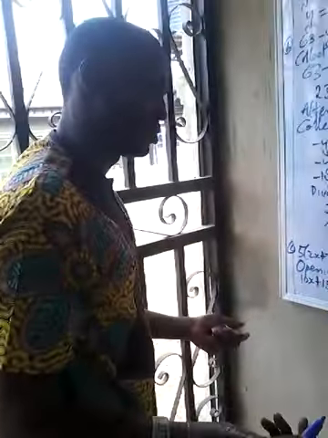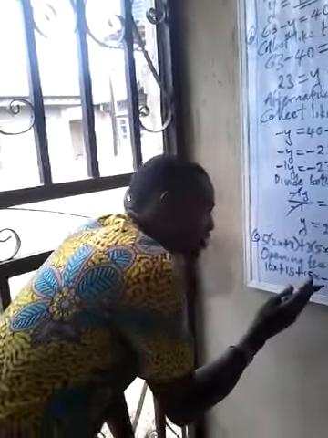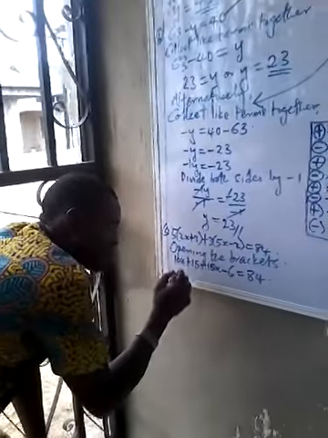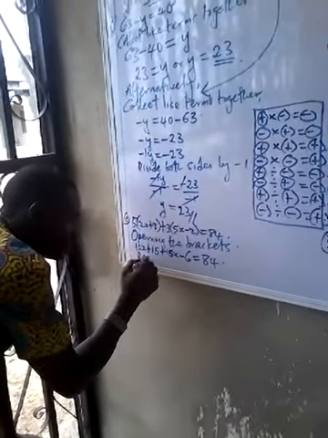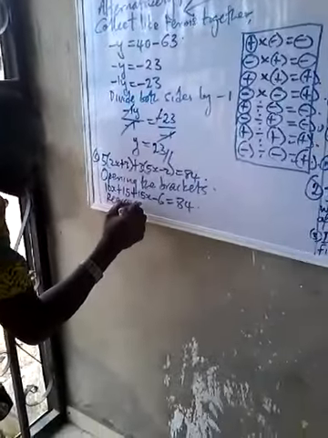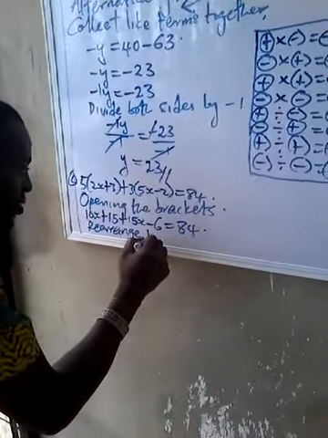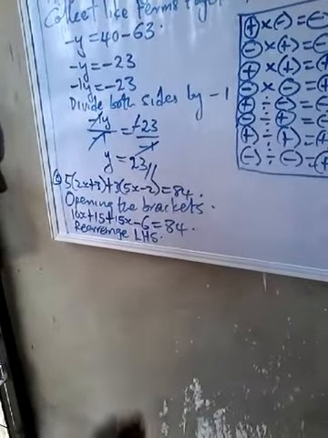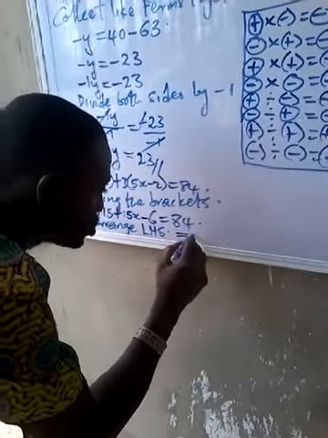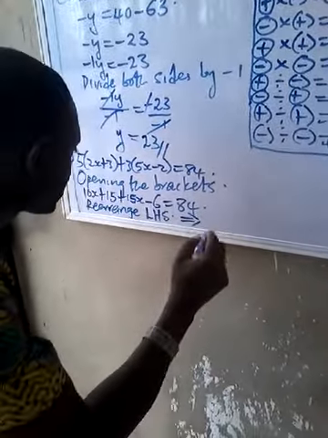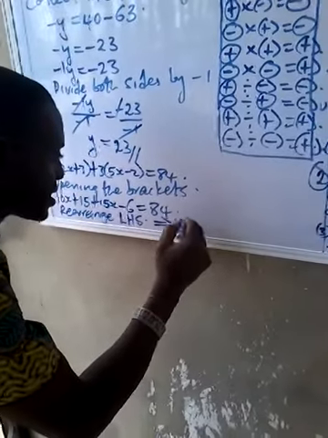You rearrange the left hand side first. When you do this, you have something like this: 10x.